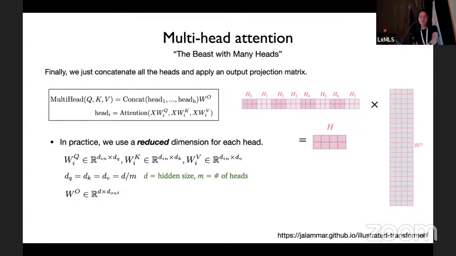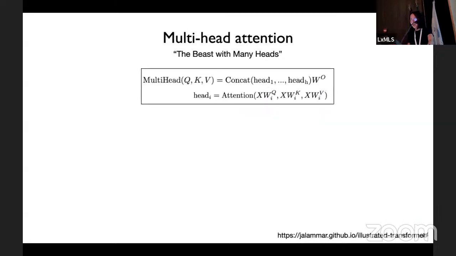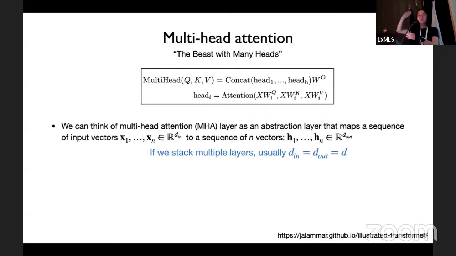This is a design choice. DQ, DK, and DV can be different from the input vector dimension. You can just use different numbers. But if you stack multiple multi-head attention layers, the output vector will be used as the input of the next multi-head attention layer.